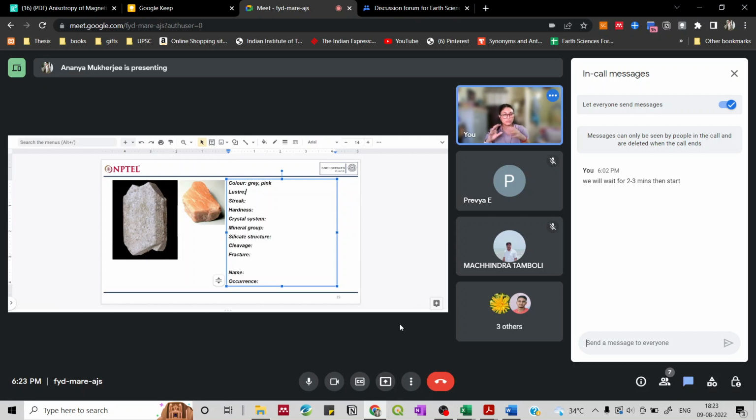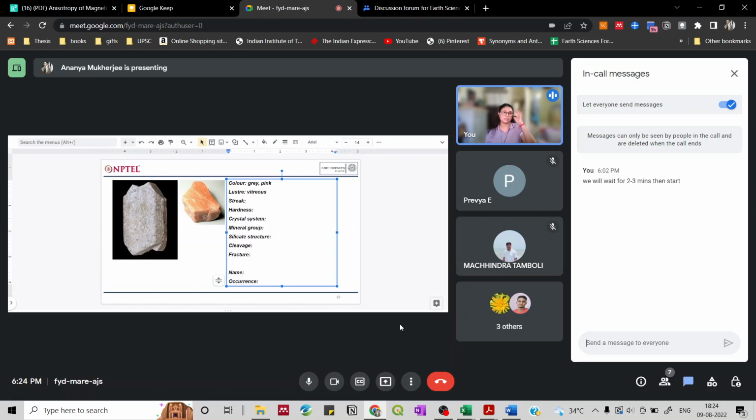These are some of the lusters that are there. So the luster for this mineral would be vitreous, as you can see in the pink one. In a hand specimen, you will see that light is reflected off it like how light reflects from glass.